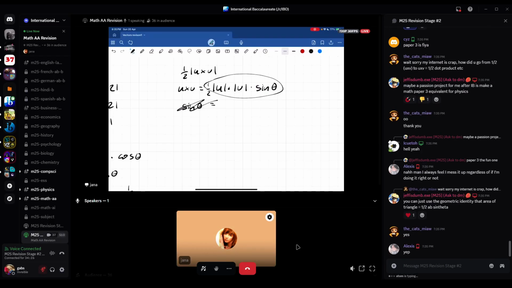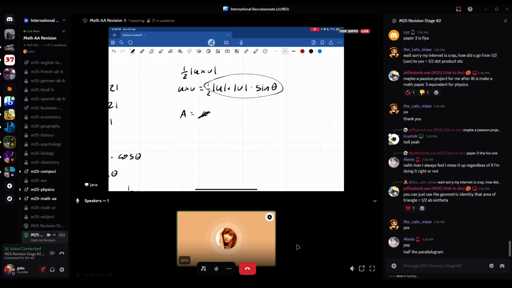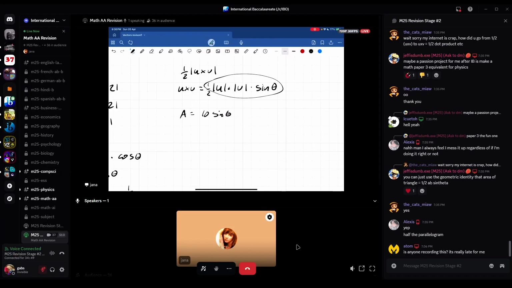Yeah, of course. So if we want to make it easier for ourselves, we can do it that way. So it's just 1/2. We have u and we have v, that's 20. That's 10 into sine theta. And then we need to find the magnitude of that.